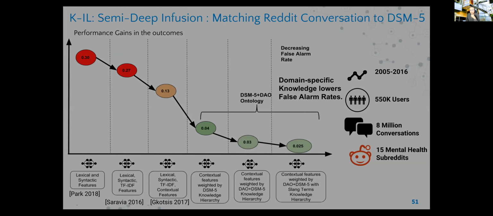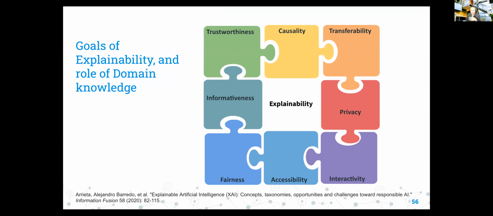Similarly, we have some work on knowledge infusion into reinforcement learning. So in the last part of what I will talk about here, explainability is very important. It plays a role in many of the important themes in explainable AI.